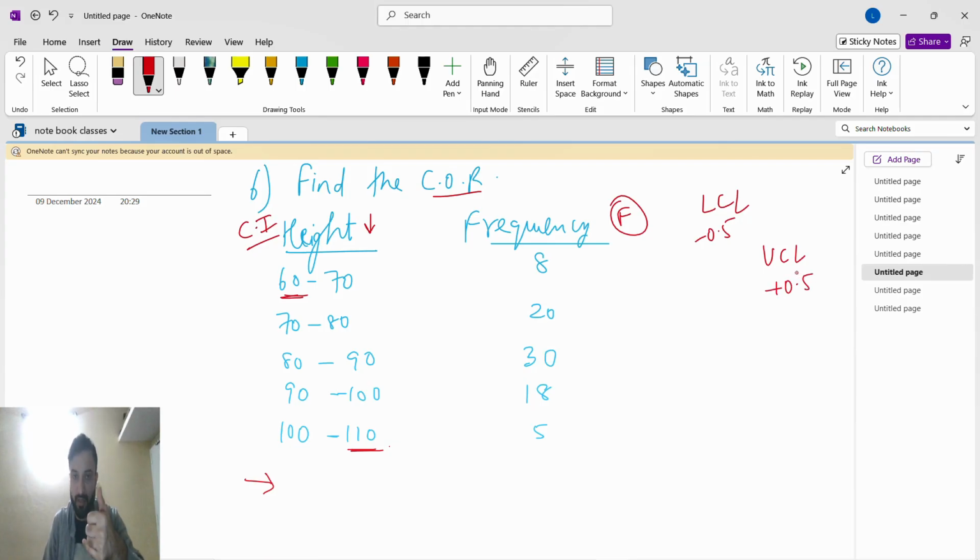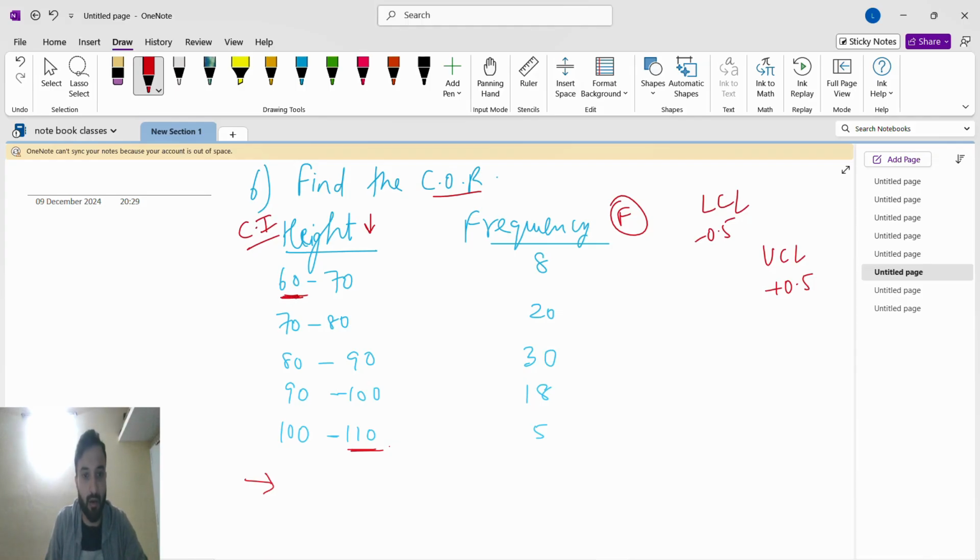So here when you see 60 to 70, 70 to 80, 80 to 90, this is continuous. If it is a continuous frequency distribution, we take the direct values. We should not change anything.